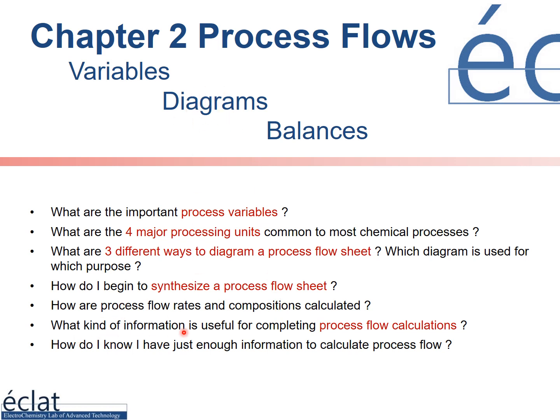What kind of information is useful for completing process flow calculations? How do I know I have just enough information to calculate process flow? This last question is related to degree of freedom. So let's go to the body of chapter 2.